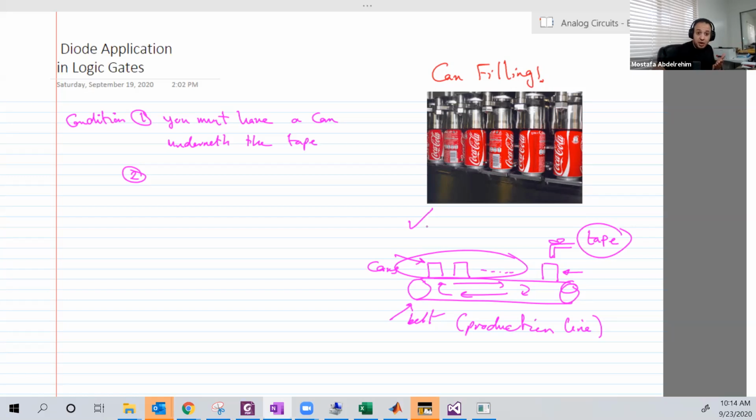You want to fill another one, and to do that, this belt should be moving. So this one will go to another step in the production line, for example to seal it or something. Then another one comes after, is put in place of that one and filled, goes to the next step, and so on. So this belt should be moving.